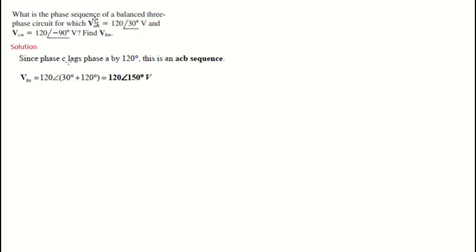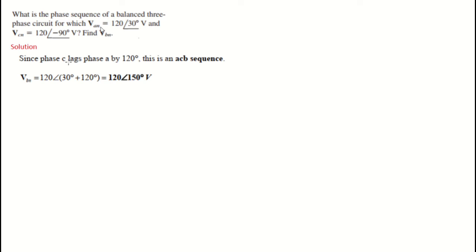Is it line voltage? No, it is the phase voltage because it refers to the neutral line AN.